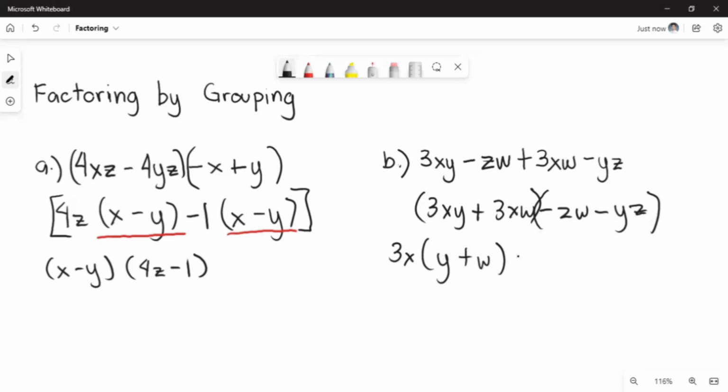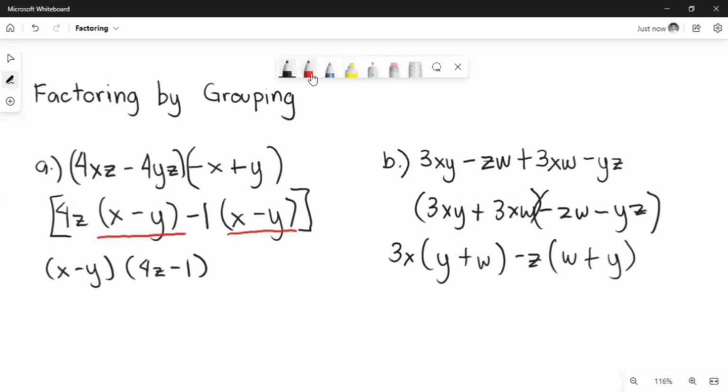We can factor out negative z. Now, negative zw divided by negative z, that will give us positive w. And negative yz divided by negative z, that will give us positive y. Now, this y plus w and w plus y are just the same.